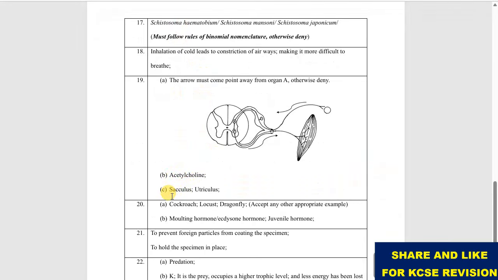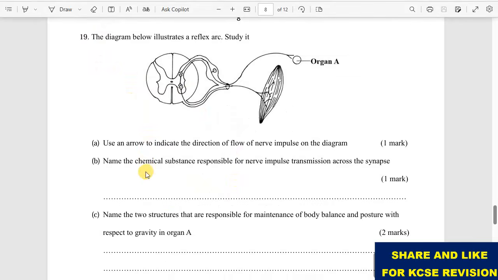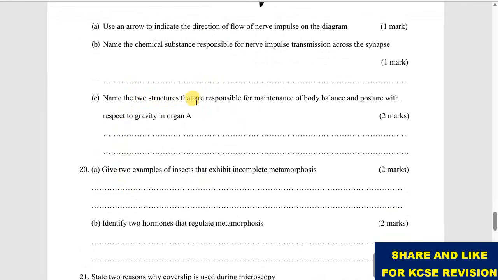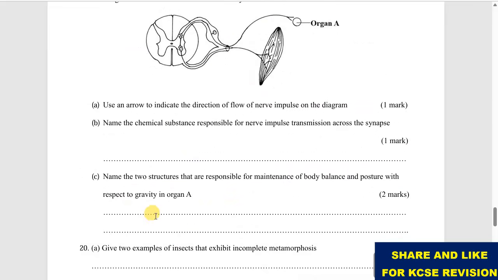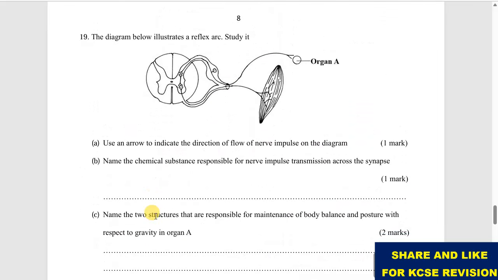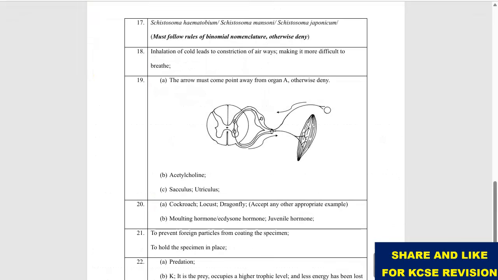Acetylcholine. Name two structures that are responsible for the maintenance of the body balance and posture with respect to activity in organ A. In organ A above, you can see A and C, the sacculus or utriculus.